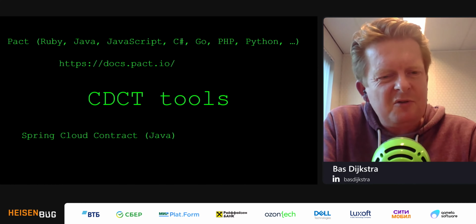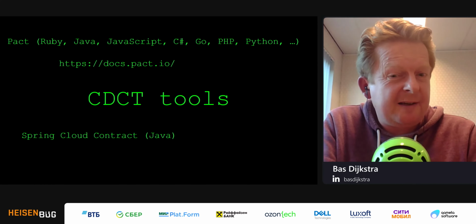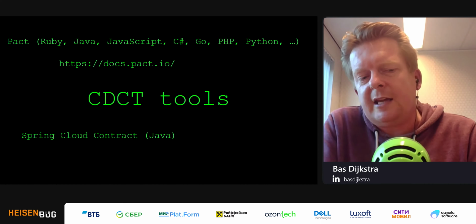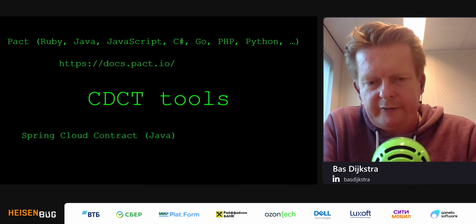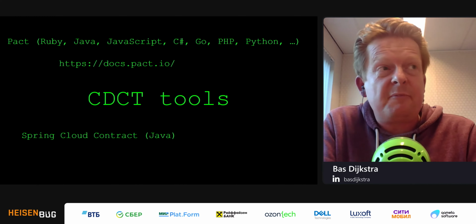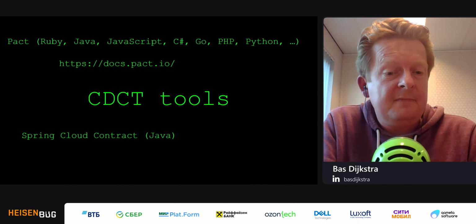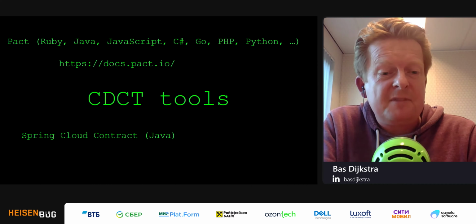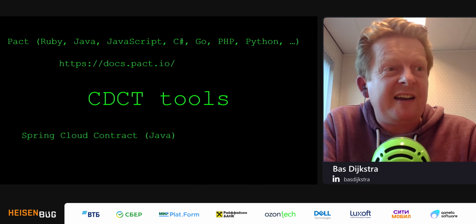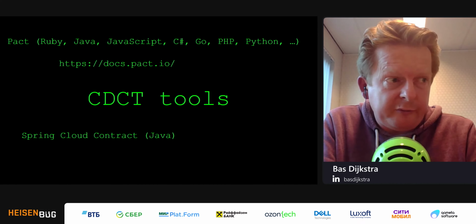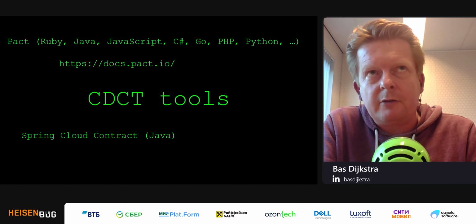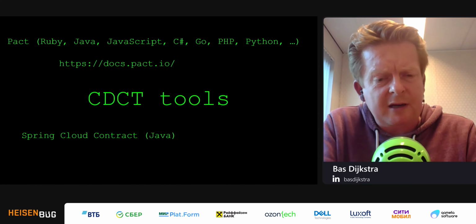The only real competitor I know of in the area of consumer-driven contract testing tools is Spring Cloud Contract. And as you have probably guessed from the name, Spring Cloud Contract is closely tied to the Java Spring Boot framework. So I don't really have that much experience with Spring Cloud Contract.